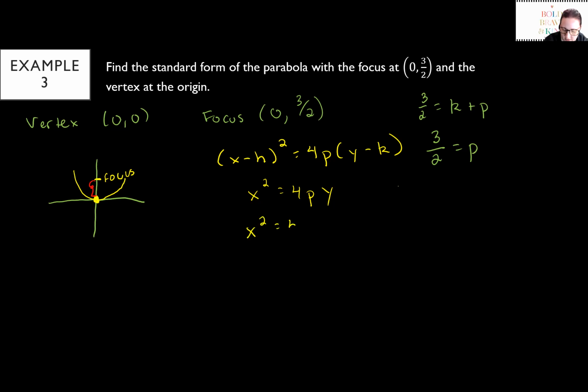So you just plug it into your formula. So we have x squared equals 4 times 3/2 y. And this gives us x squared equals 6y.